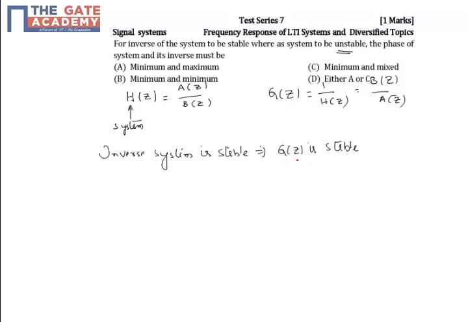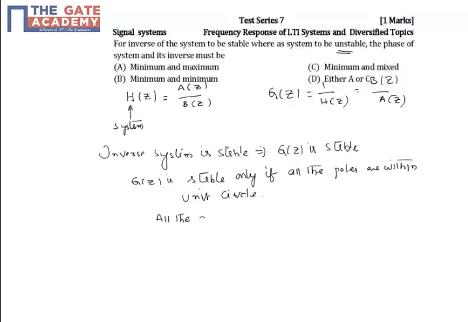G(z) is stable only if all the poles are within the unit circle. That means all the roots of A(z) are within the unit circle.